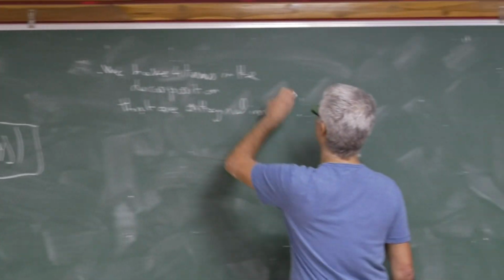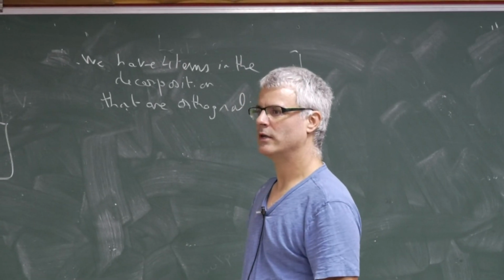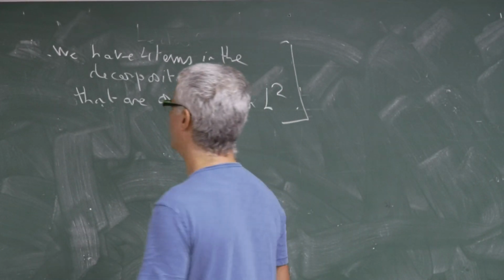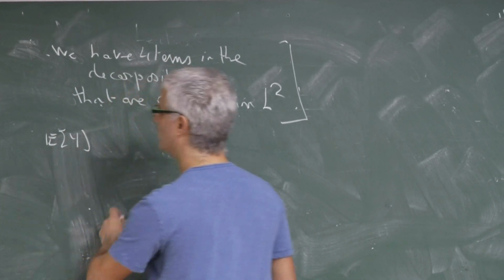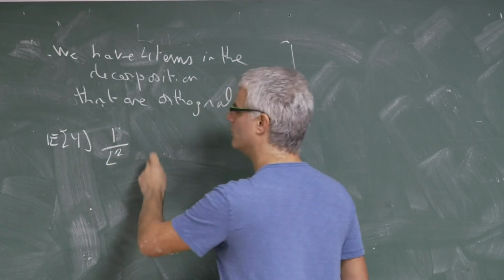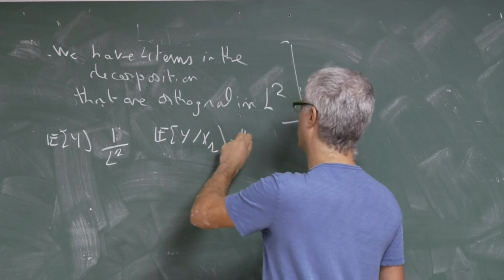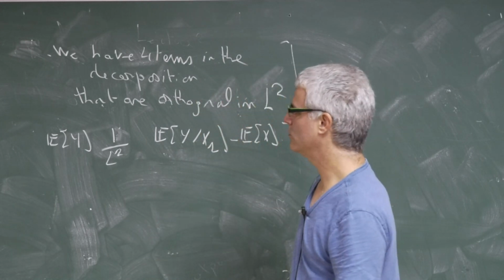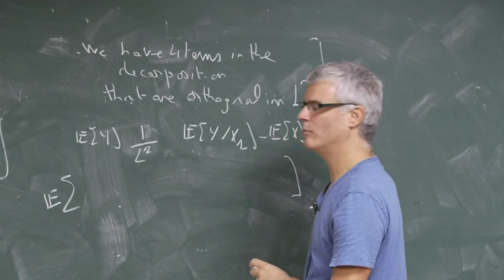So maybe we can prove that our 4 terms are indeed orthogonal in L2. That means, for example, that the first 2 are orthogonal in L2 with... okay, so to see that, you just compute the expectation of the product.